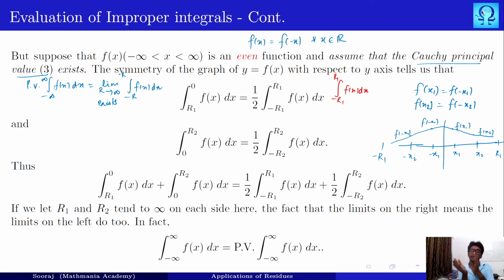When the limits are finite numbers, you can treat the integral as the area under a curve. Because of the symmetry, this is the same as 2 times the integral from 0 to r1 of f of x dx, and also 2 times the integral from minus r1 to 0 of f of x dx. Either I can find the area on the left and double it to get the total area, or I can find the area on the right and double it. Either way it can be done.